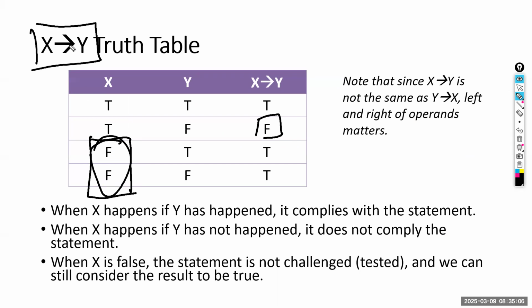Your statement is tested only when x is true. When x is true, if y is true, yes. When x is true, if y is false, no, your statement is false. So when x is false, your statement is not challenged yet, so you get the benefit of the doubt, because your business is to defend your statement.